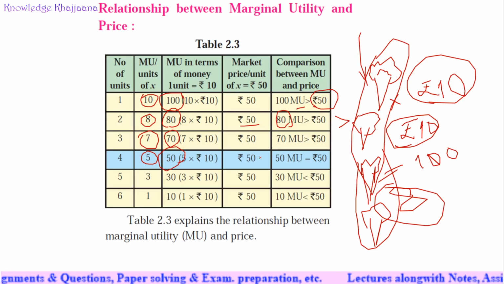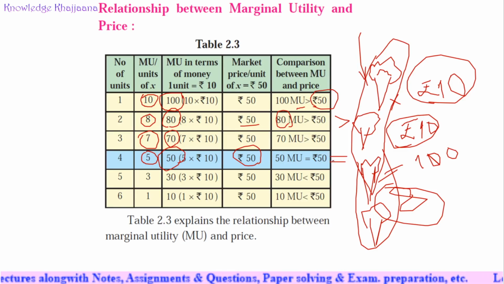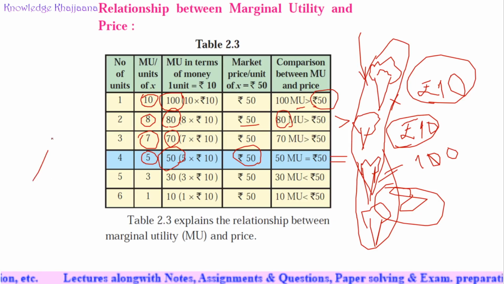And what is the market price of it? It is 50. So after reaching this level, if he compares his satisfaction with the market price, he will say that it is equal. The marginal utility is equal after consuming these 4 ice creams. He has reached the level of 100% satisfaction, that is the point of satiety.